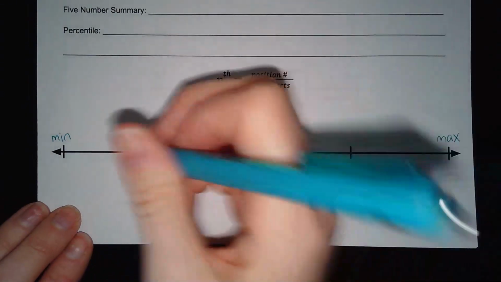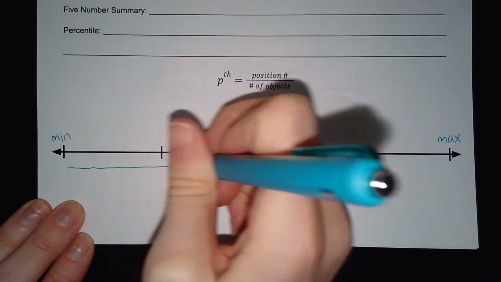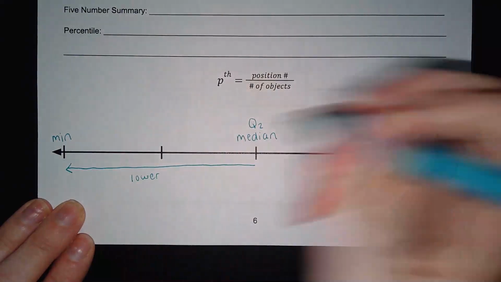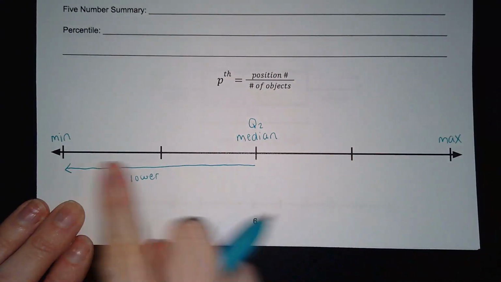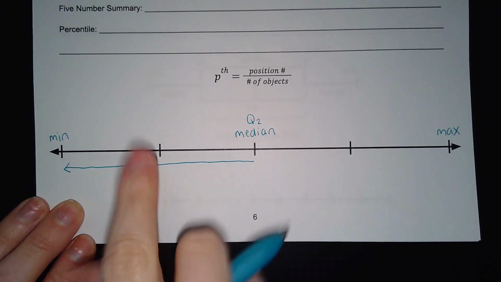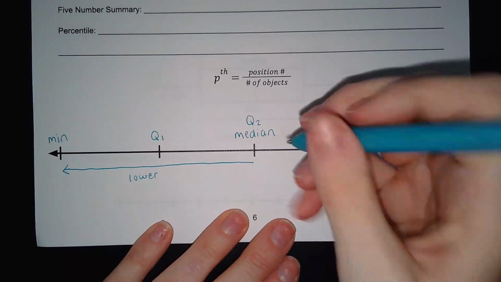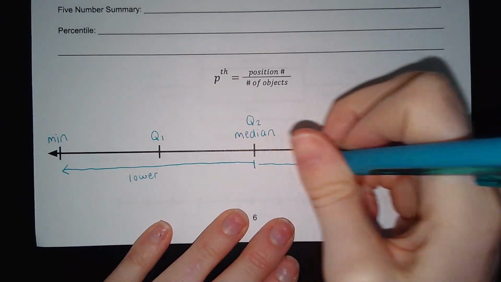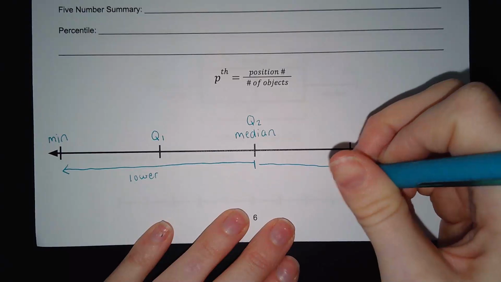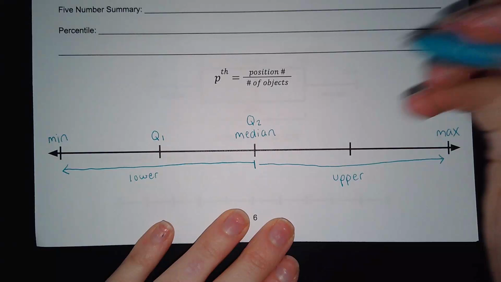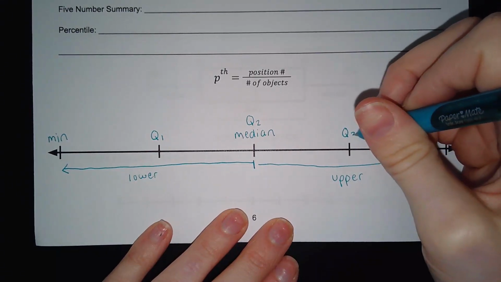Now, if we think about the lower half of our data set, if we were to take half of the lower half, that's our first quartile, or our Q1. And then we also have this upper half, so above the median. And if we were to take half of that, we would call that our Q3.